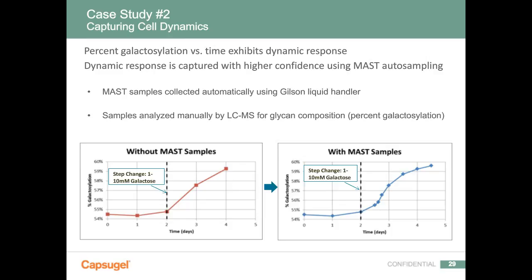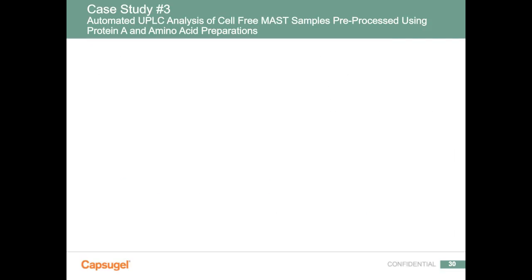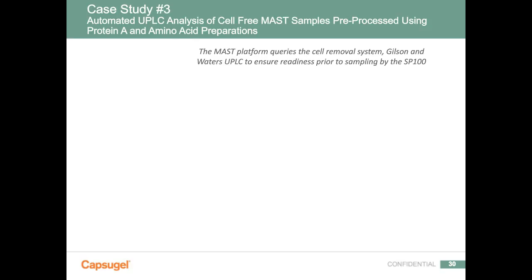And that third case study talks about how we automated UPLC analysis for cell-free mass samples with pre-processing of protein A acid preparation. We're also going to walk through how the MAST system works a little bit.